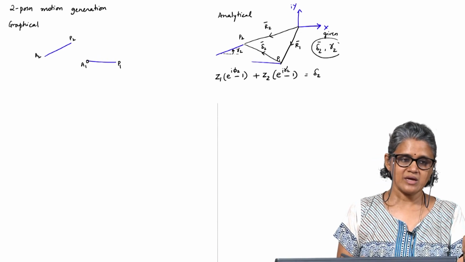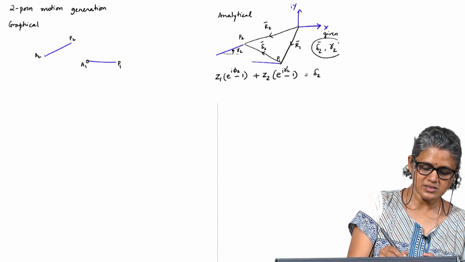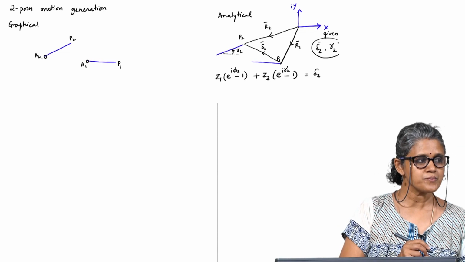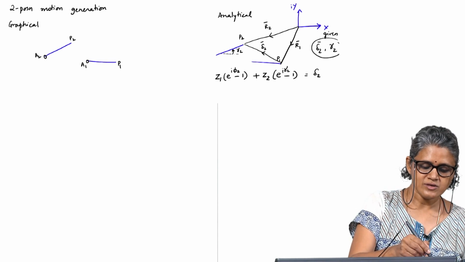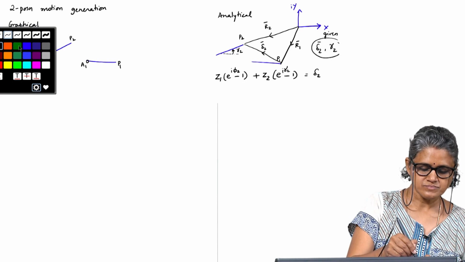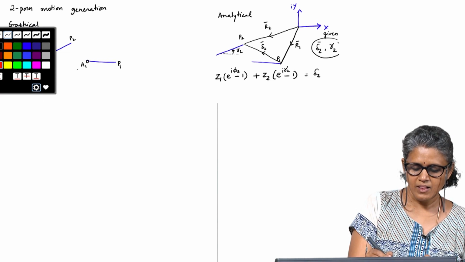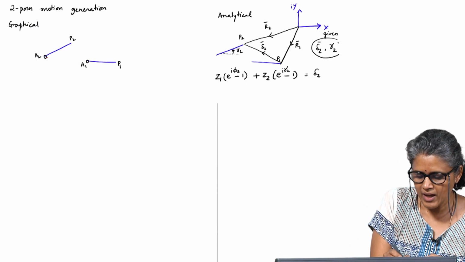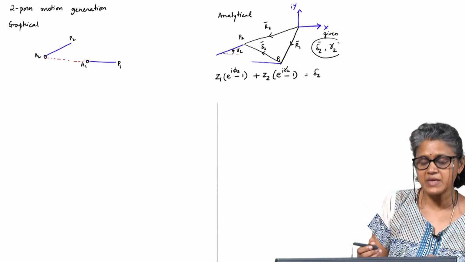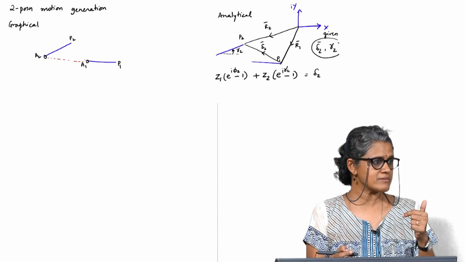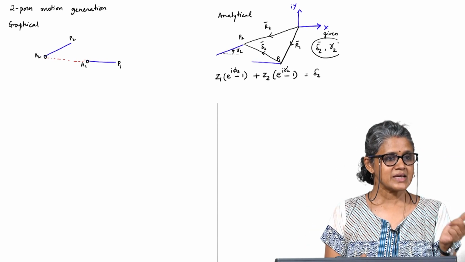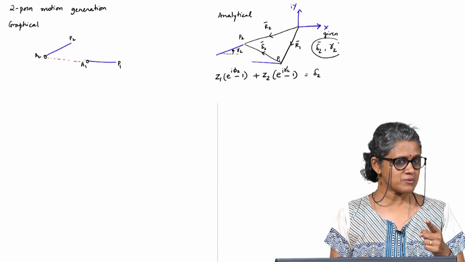Now, A1 I know in the second location has moved to A2. Then I know that the corresponding center point or fixed pivot lies on the perpendicular bisector of A1 A2.